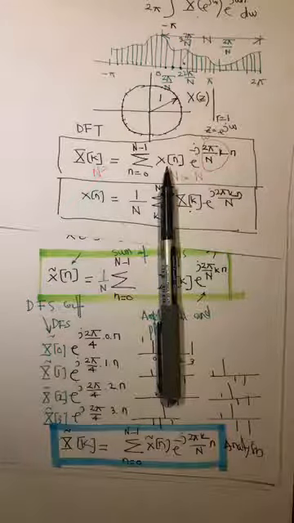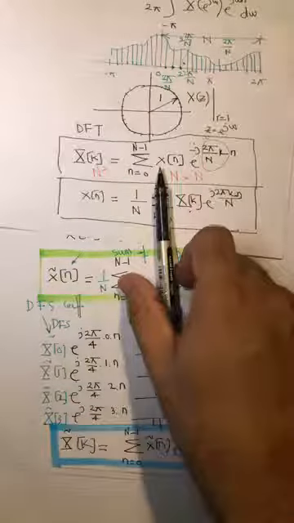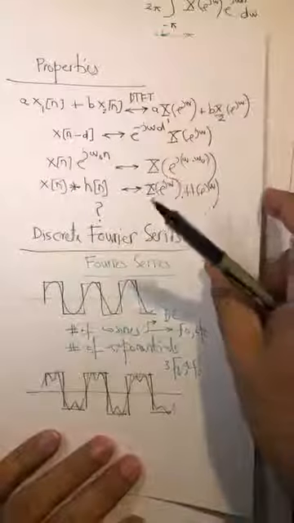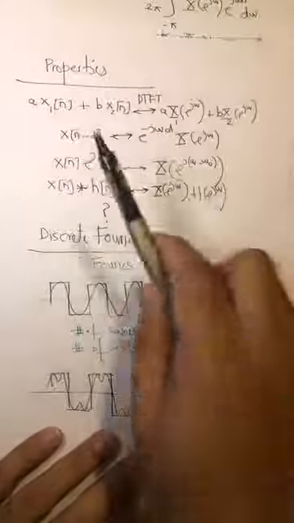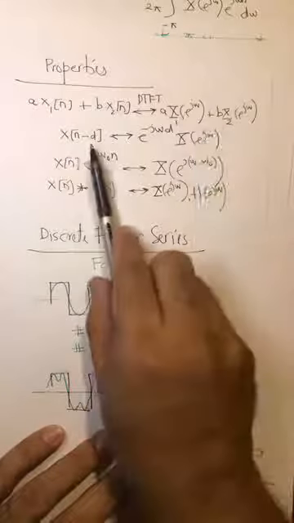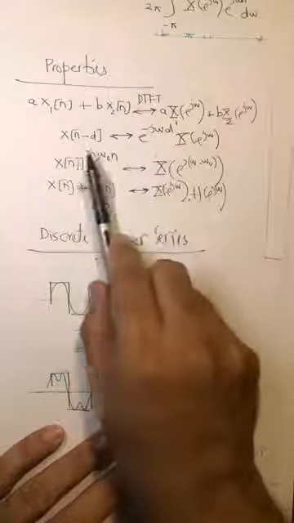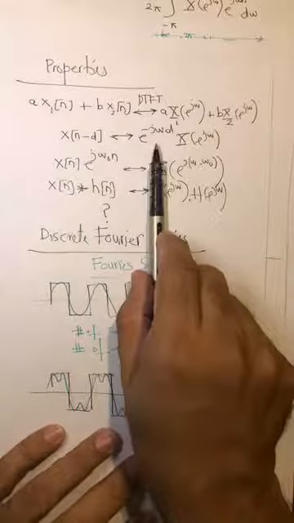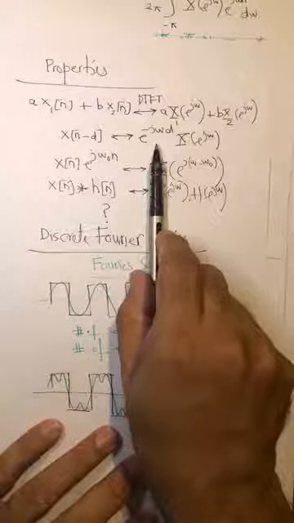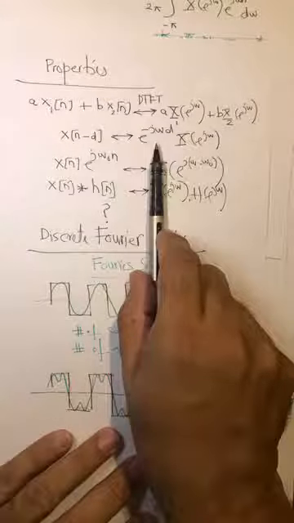Now all the properties of the discrete time Fourier transform have changed their meaning. That is very dangerous. Linearity is okay, but the property which says that if you shift a signal, it is multiplication by an exponential, is no more valid for the discrete Fourier transform.